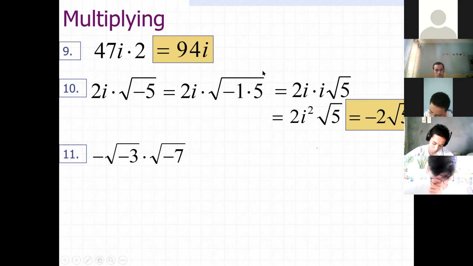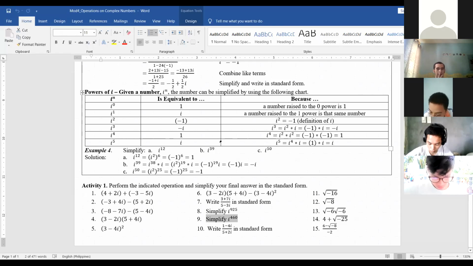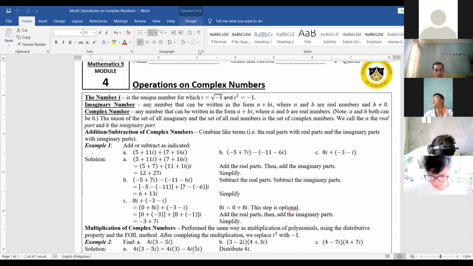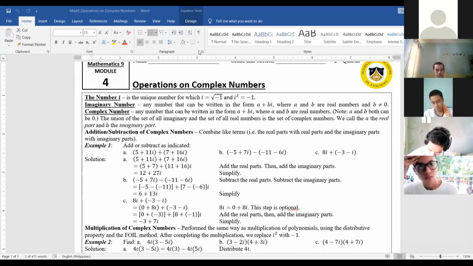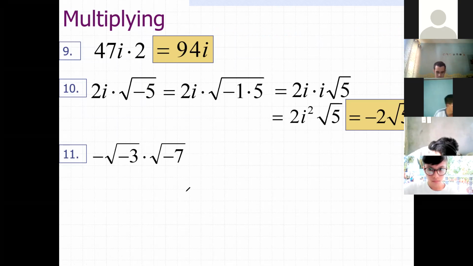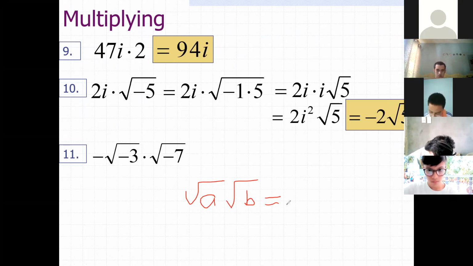If you look at your module, I hope that I gave it as a warning. There's a little warning here. If you apply the properties of radicals, the square root of a times the square root of b is equal to the square root of ab, right?